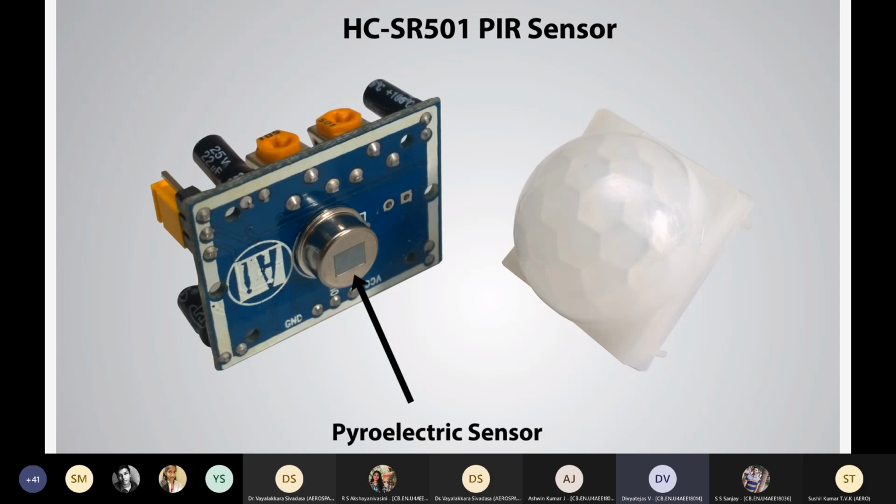So if we are doing it like that, we considered using this HC-SR501 PIR sensor with the Fresnel lens for range and more angle of coverage.